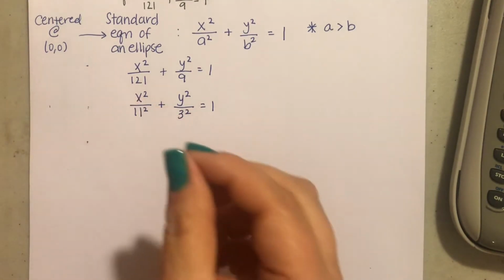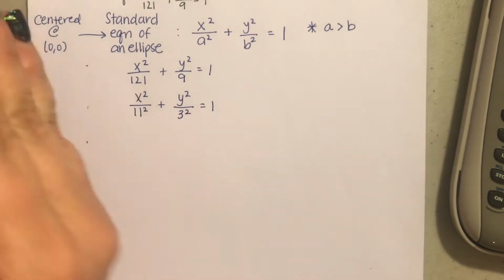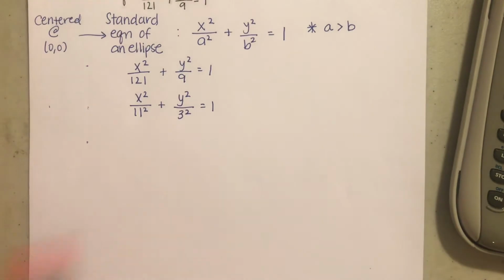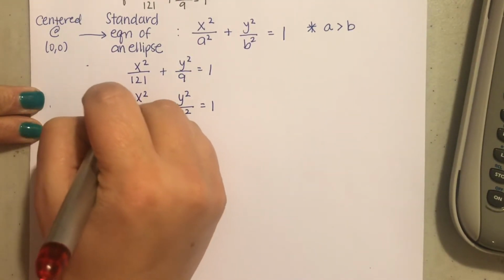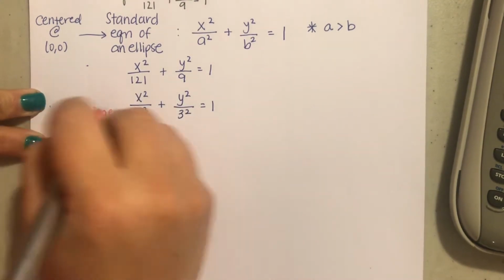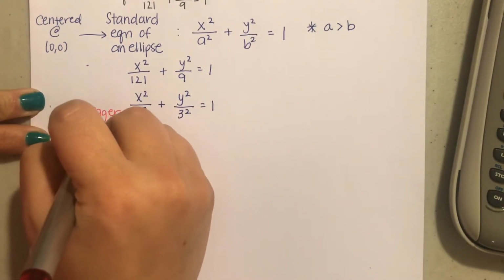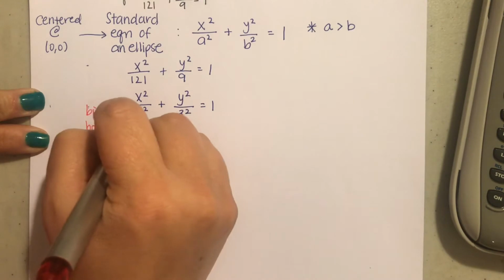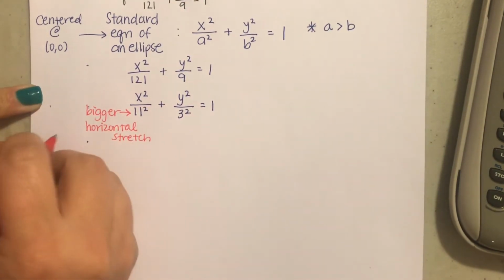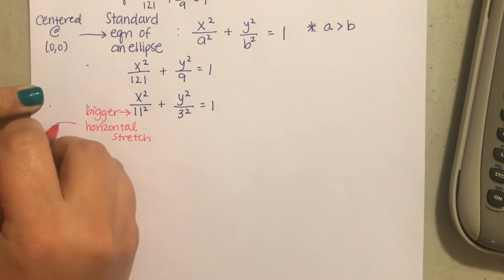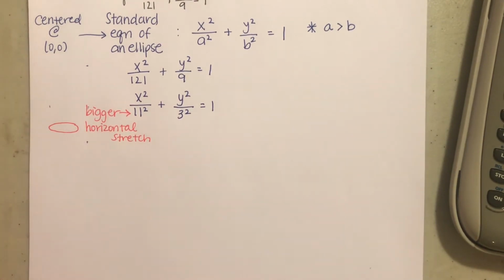That's going to tell us which way we stretch our ellipse, whether it's horizontal or vertical. Looking at these two, do you see that this one is bigger? That tells us that we have a horizontal stretch.